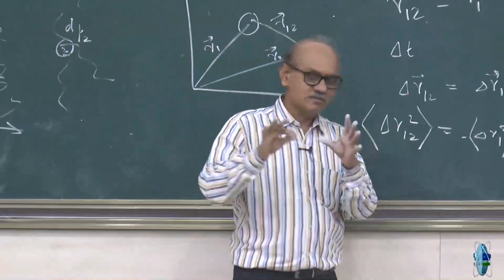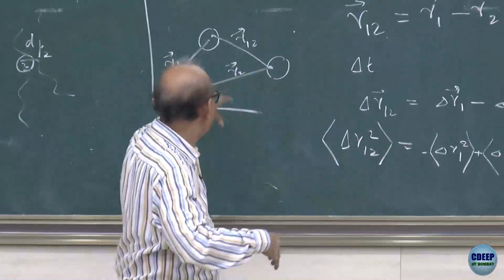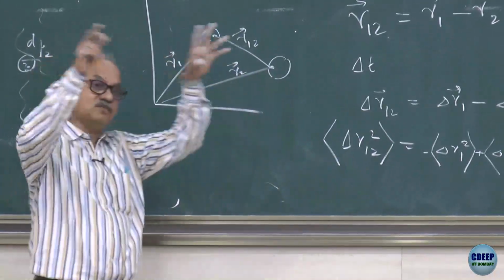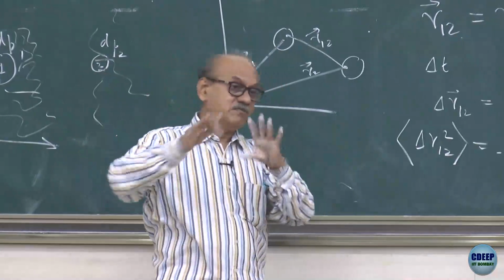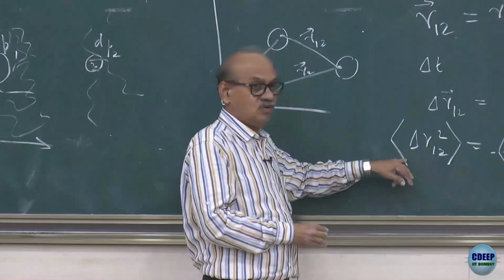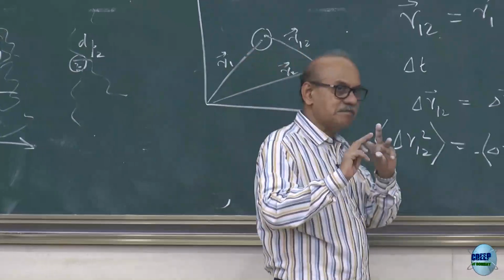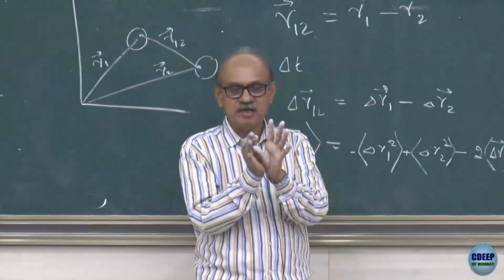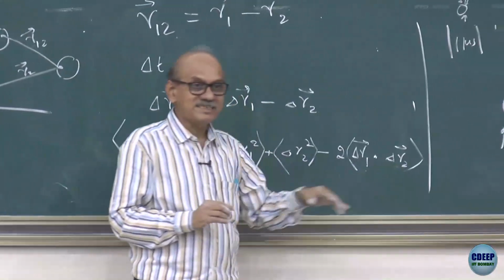Ensemble average means what? You must have that picture in mind. Similar replicas of systems. Two particles, imagine there are thousands of such two particle systems. Each of them will behave differently, but when you square and average, a pattern will emerge. Now, we know most importantly that since particle A and particle B are independent of each other, no correlation, their vectorial correlations will be 0.